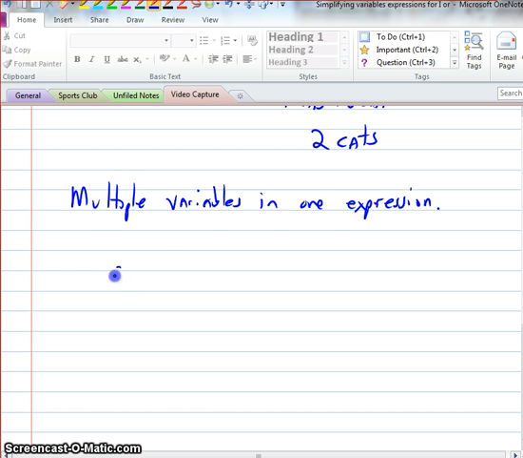So for example, if you had 2b plus 3c minus 5b plus 7c, for example, you may notice, and I'm going to highlight these guys together, that these two guys happen to have the same variable. So you can think about it as 2 minus 5, which is negative 3b.